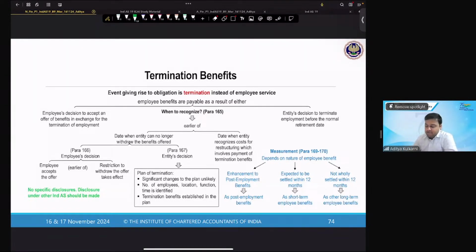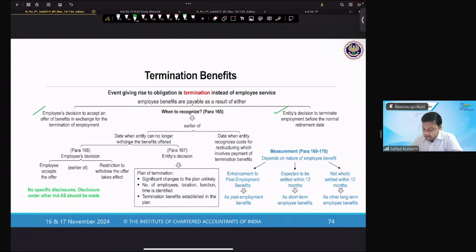So employee benefits are payable as a result of either the employee's decision to accept an offer of benefits in exchange for termination of the employment, or the entity's decision to terminate before the normal retirement. So when to recognize?